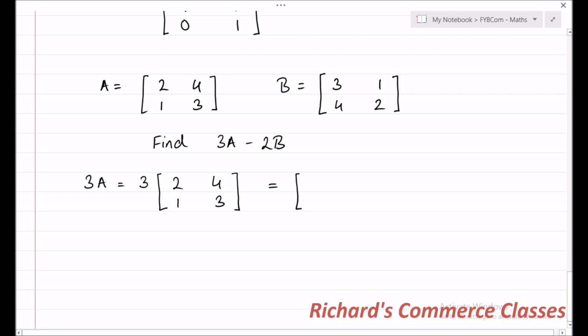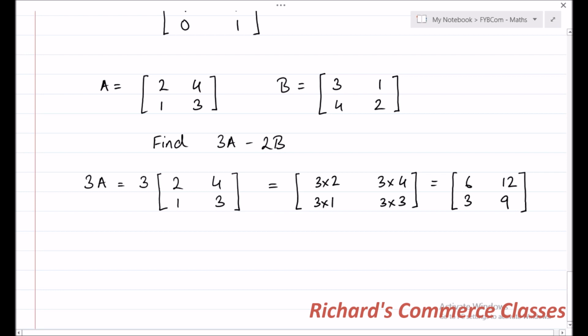So that will be 3 into 2, 3 into 4, 3 into 1, and 3 into 3. And the final answer will be 6, 12, 3, and 9. Now you have found out 3A.